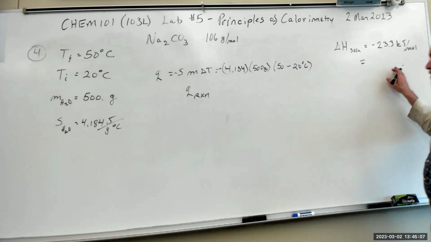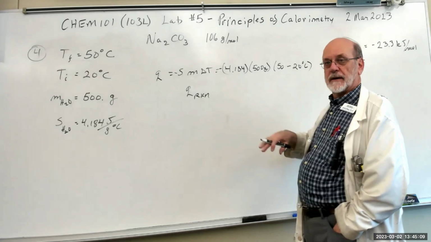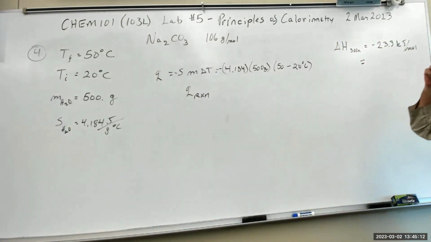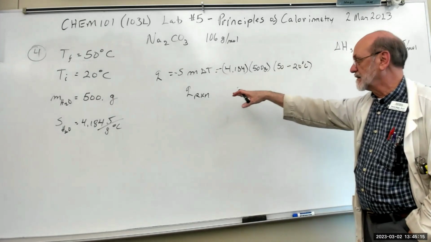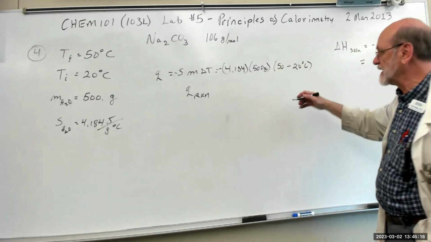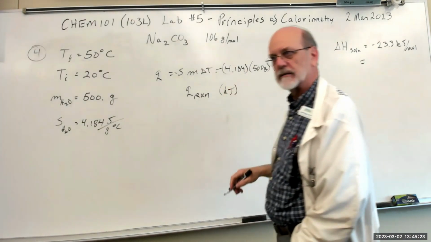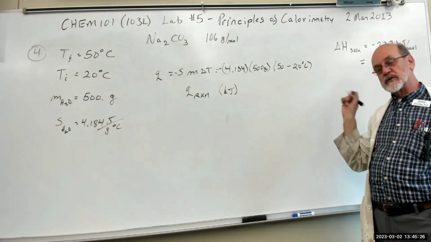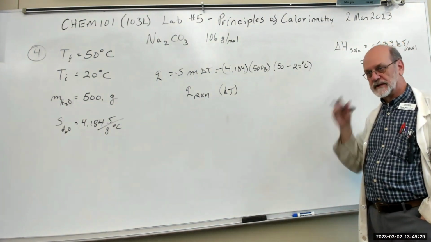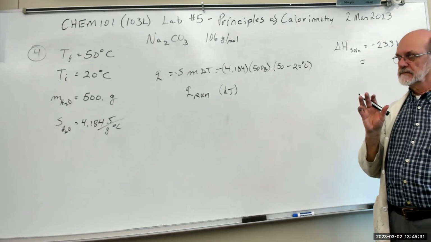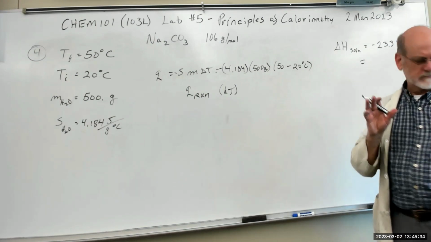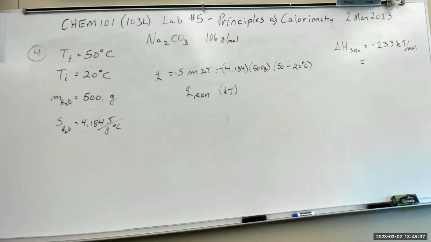We can either convert this one to joules or convert this one to kilojoules. But they need to be the same unit of measure. And if this Q of reaction is the amount of heat in joules, let's say we convert it to kilojoules. Whatever the value is, you just move the decimal to the left 3 places, and that's kilojoules. That's right.